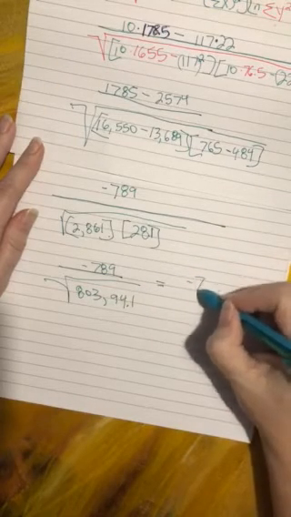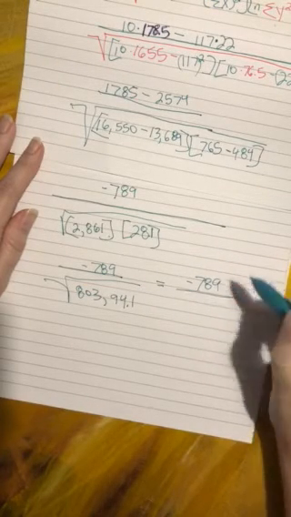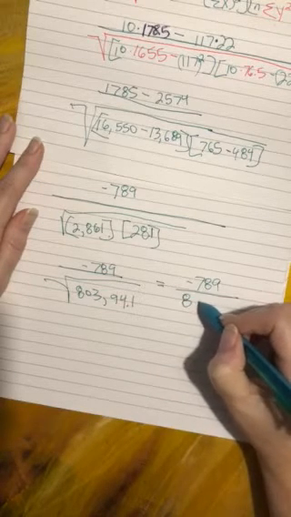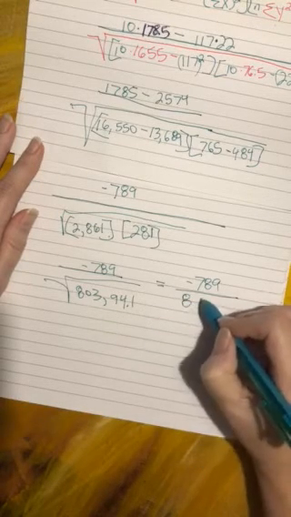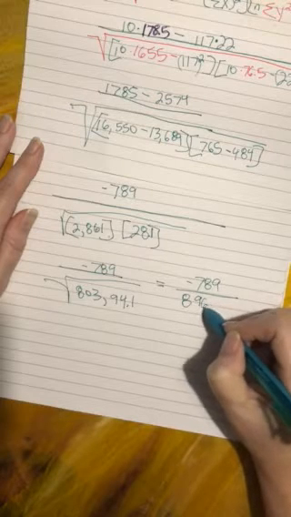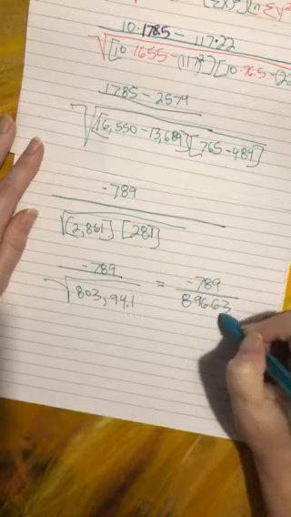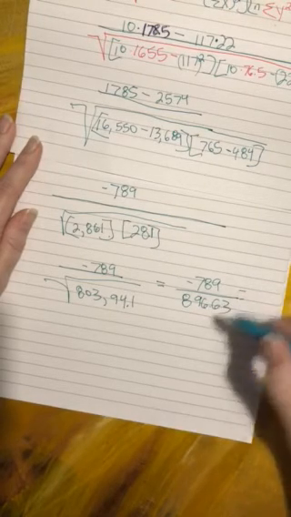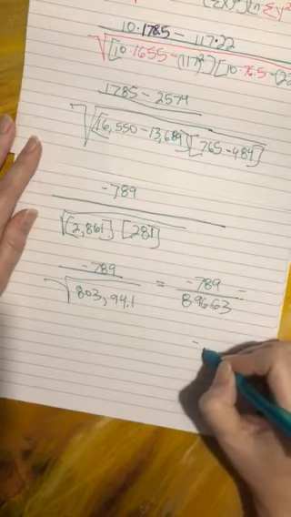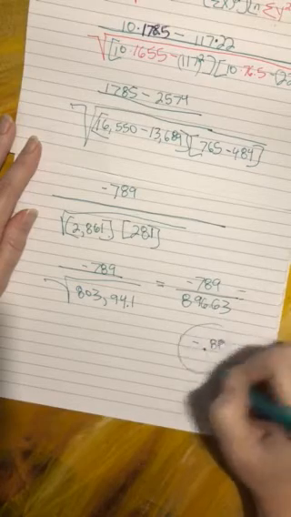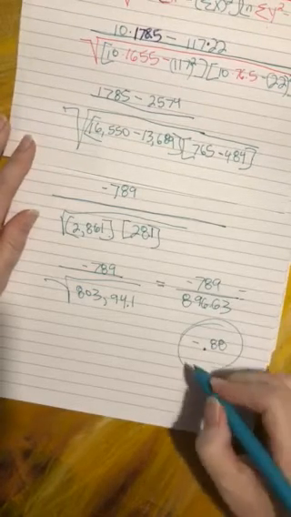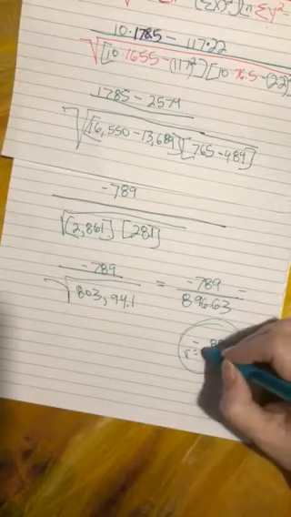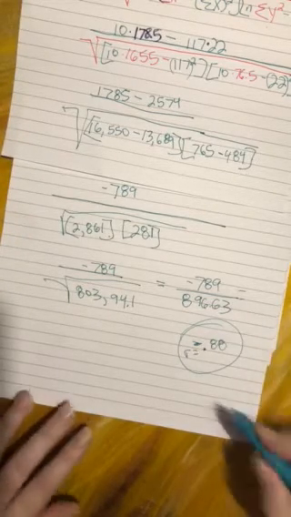Working that out, taking that square root is 896.63, and then just dividing that out, you will get negative 0.88. And that is our correlation. So R equals negative 0.88. I know, goodness gracious.